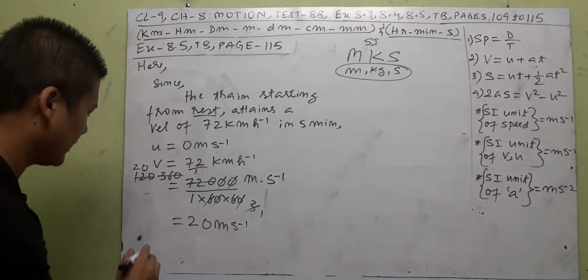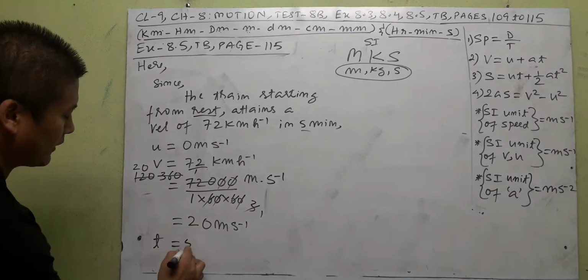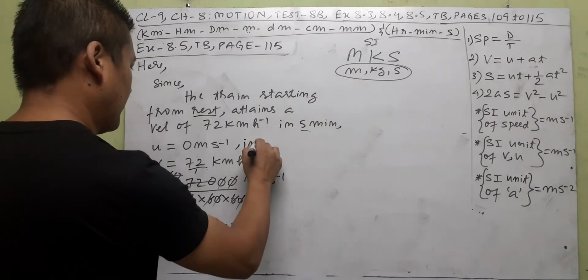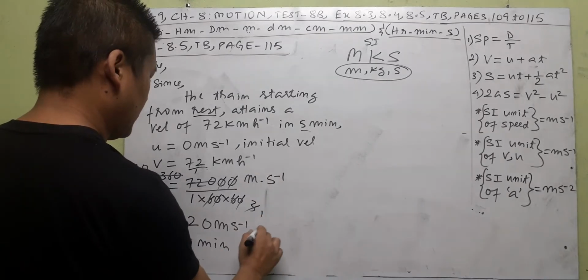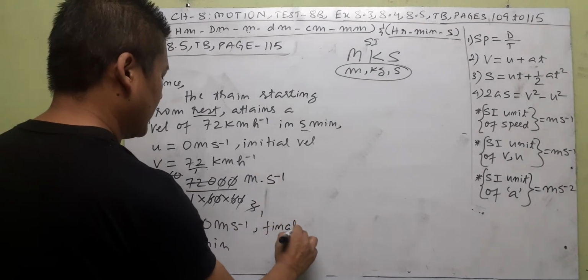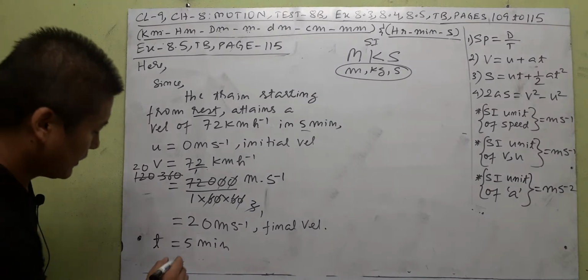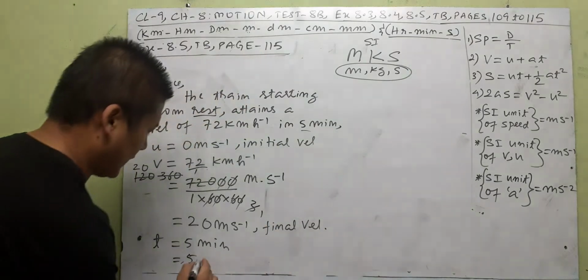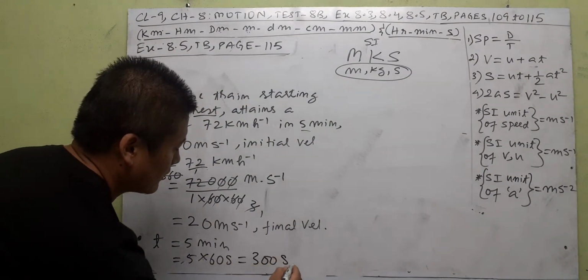Right, so time here is 5 minutes. This is the initial velocity, and this is the final velocity. So we have to change this minute also to second. 5 minutes to second means only one place, so 5 into 60 seconds, that is 300 seconds.